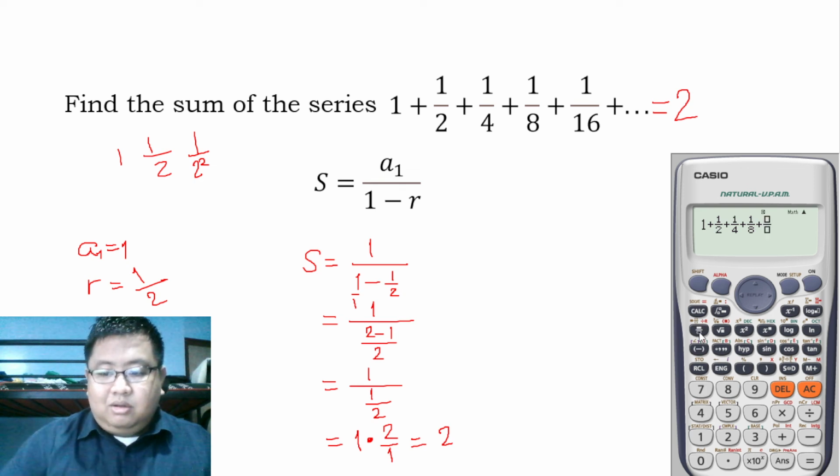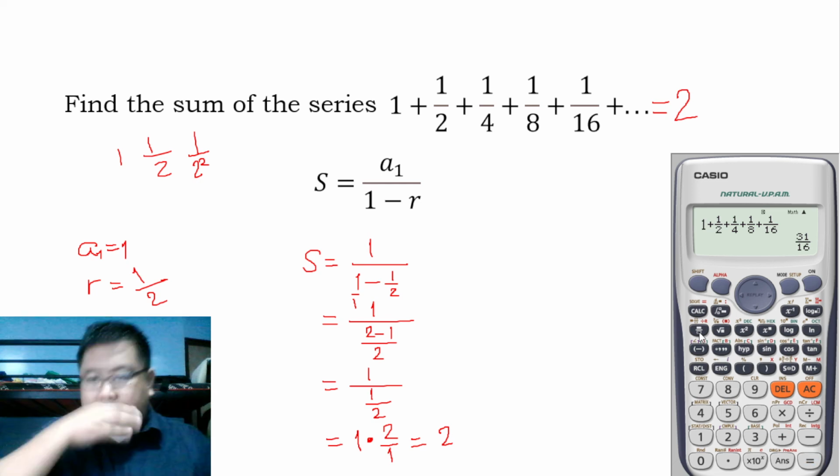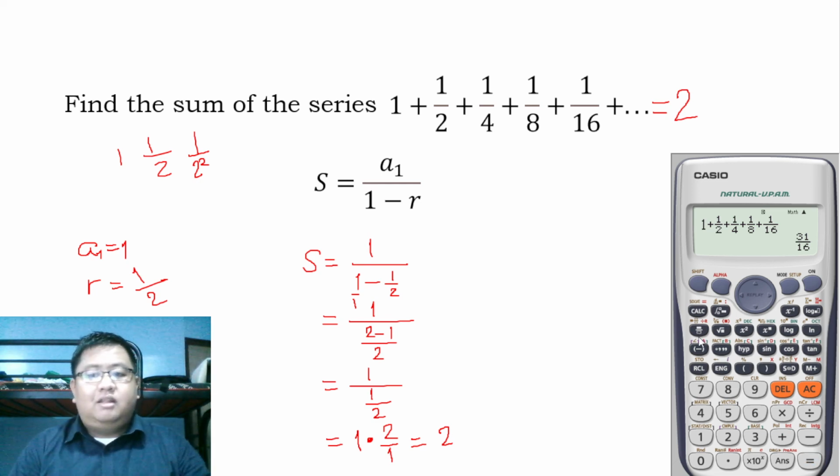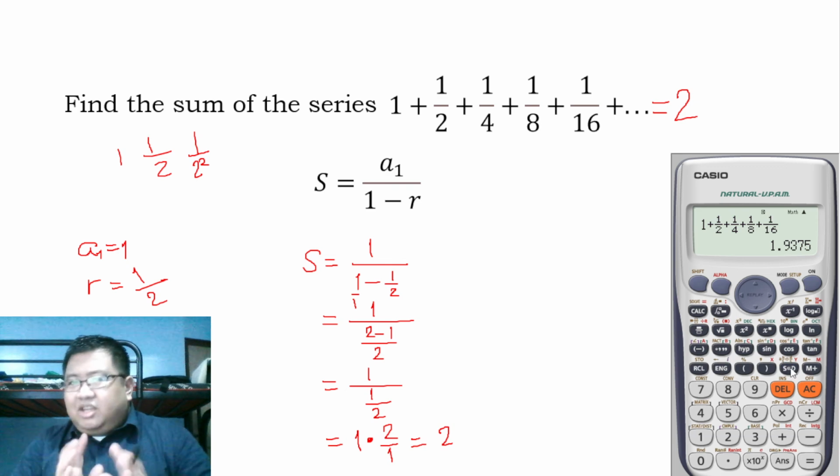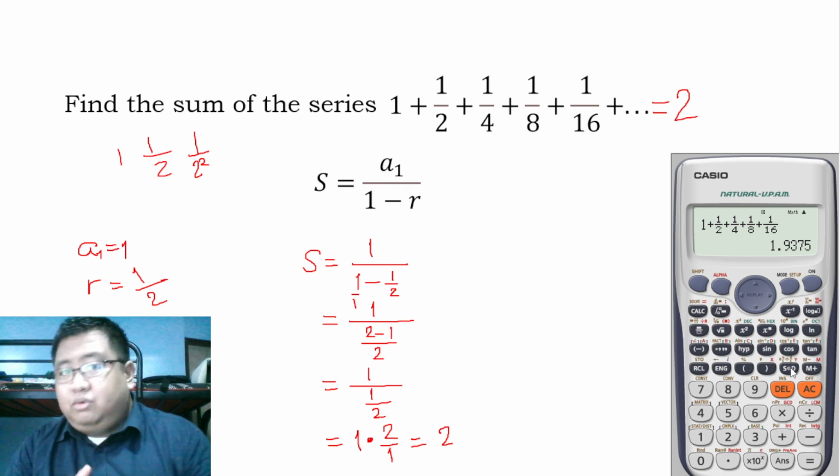Plus 1/16. We get 31 over 16. So if we ended at that term, 1/16, we have 31 over 16. If you convert it to decimal, you can use the S to D button on the calculator, if you're using a Casio FX570. That gives 1.9375, which I think is already close enough to 2.